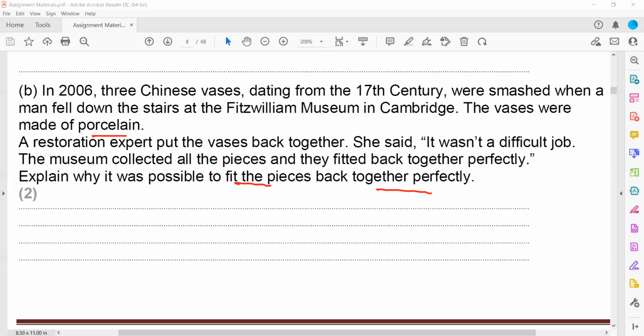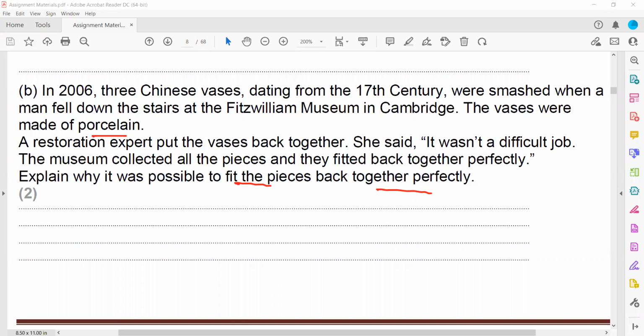Because the vase is normally made of a brittle material. Brittle material means it does not undergo a lot of deformation, very little plastic deformation. So it does not change shape much.